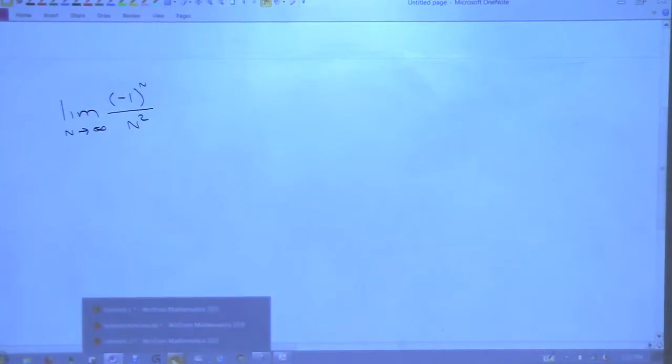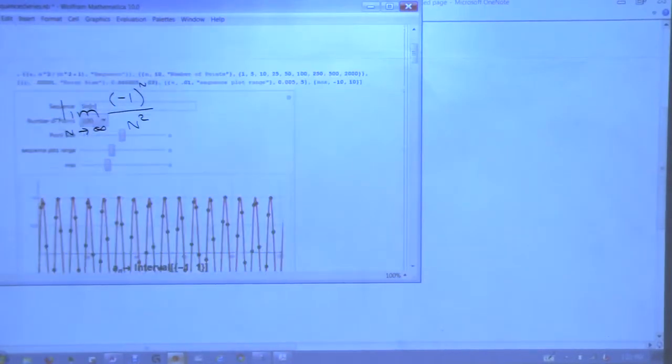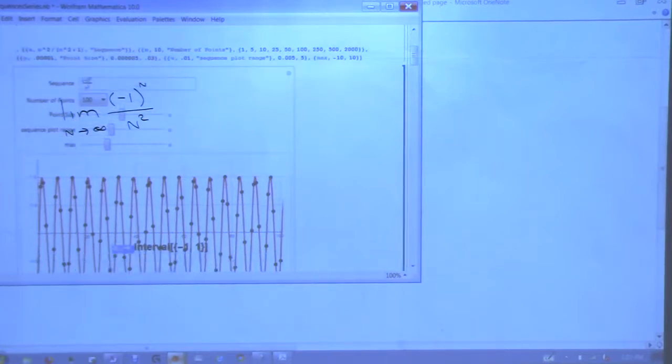If we were to graph it, -1 raised to the n over n squared. I need to zoom in on that. Maybe not go out so far.